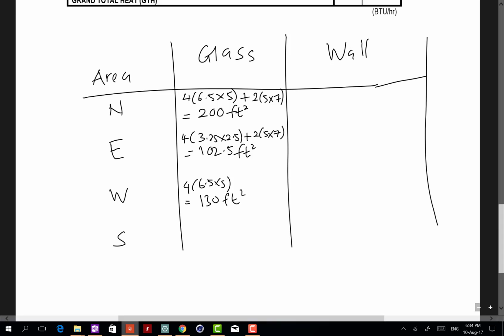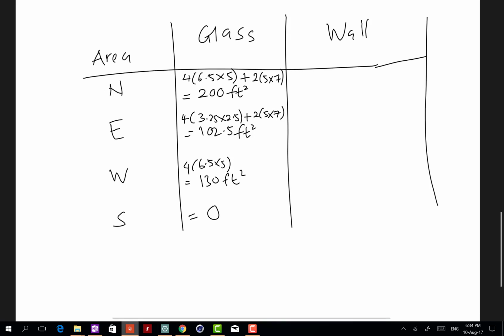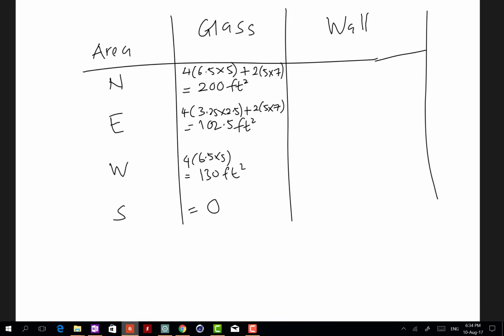And for the south direction, there's no detail that this direction has glass, so it should be 0, right?